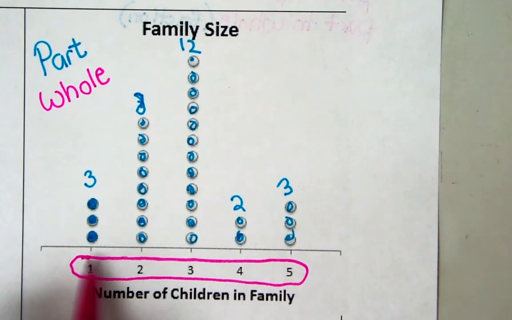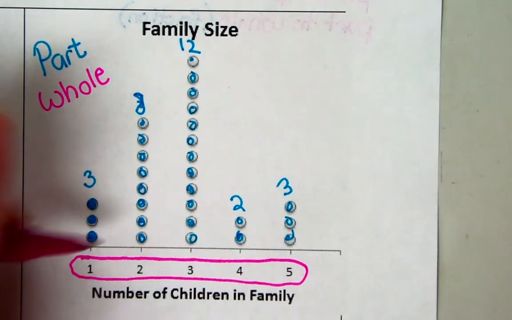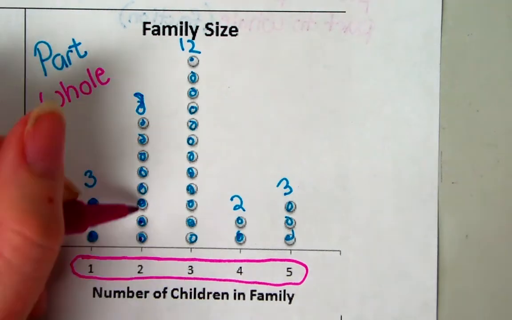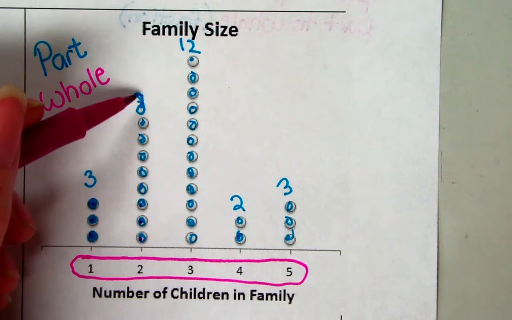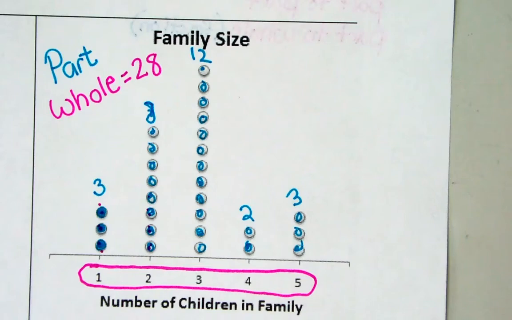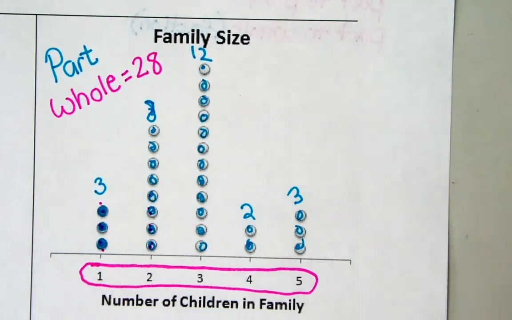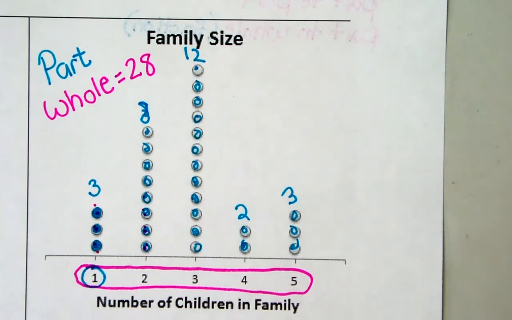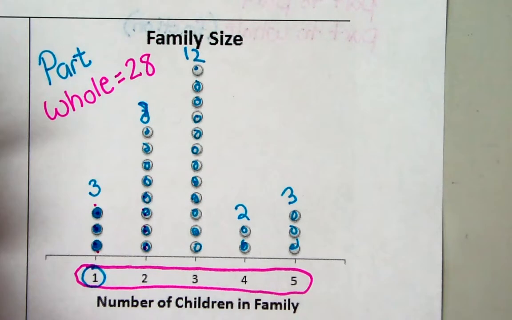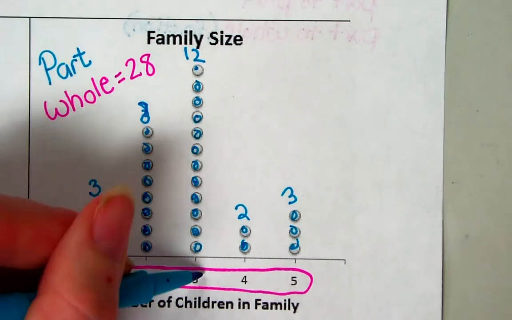But what do those numbers represent? They represent the number of children in the family, not the total number of people that voted. So you would add up all these numbers together to figure out how many pieces of data you have. If you add these together, that would be 20, 23, 25, 26, 27, 28. Once you know that, you can answer any questions.